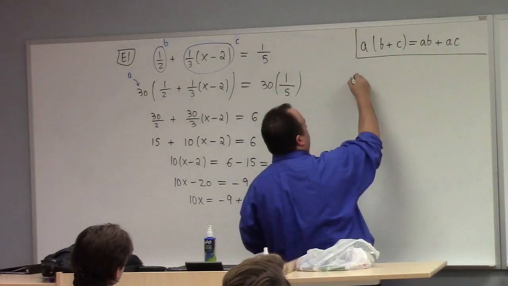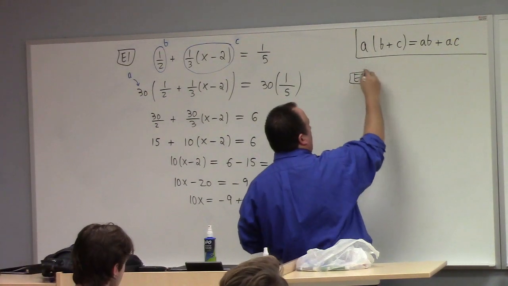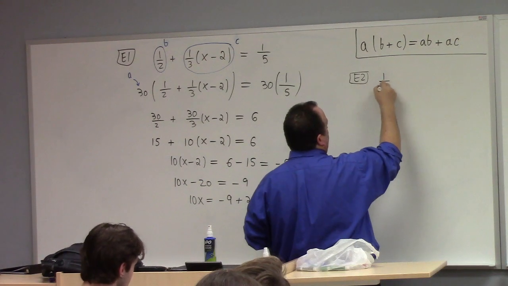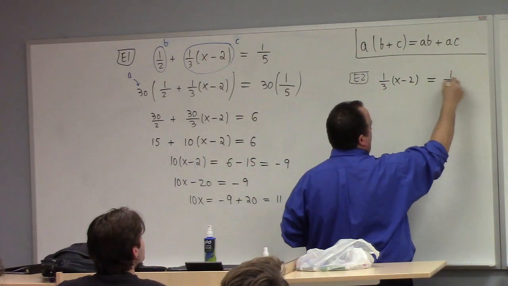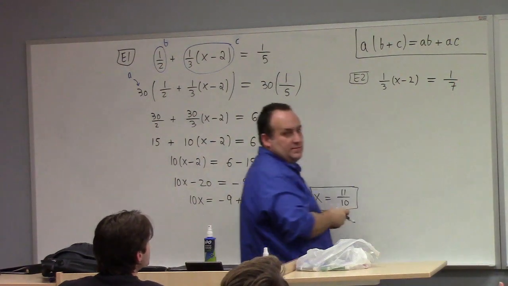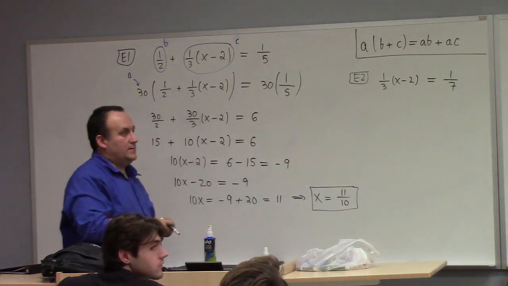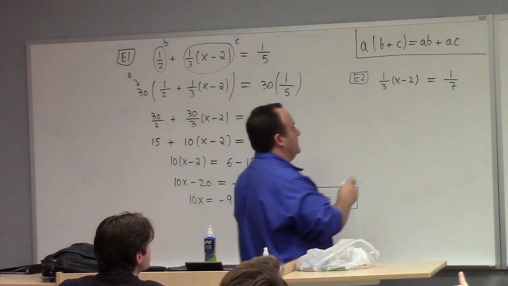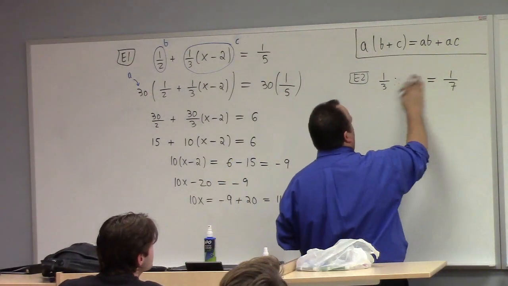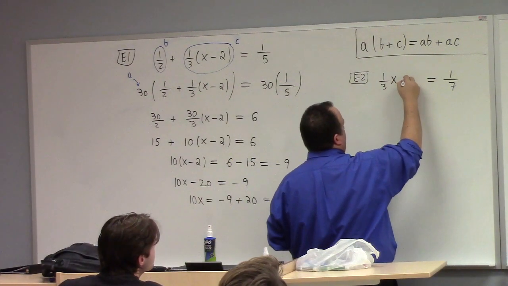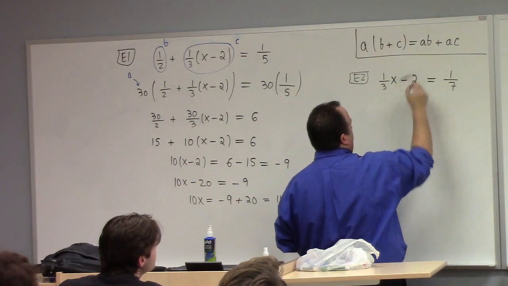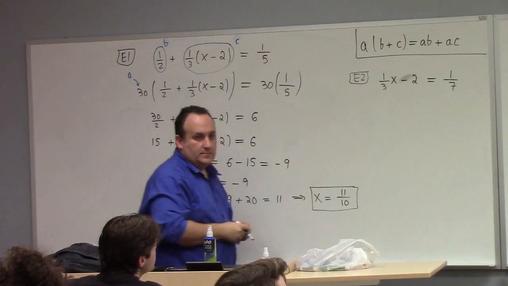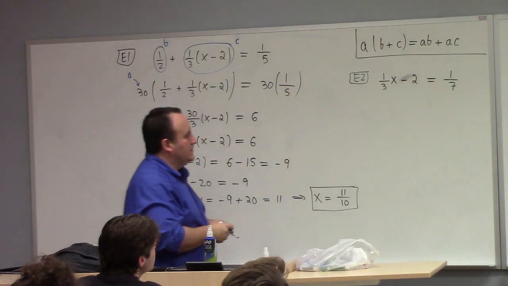So something like if you had 1/3 x minus 2 equals 1/7 or something like that. No parentheses. So like x over 3 plus, like this plus 1, minus 2 maybe, like this. Well, it would be like minus 2x over 4.